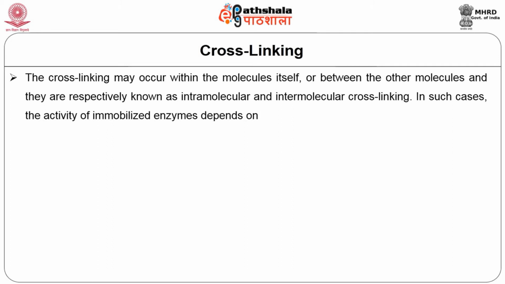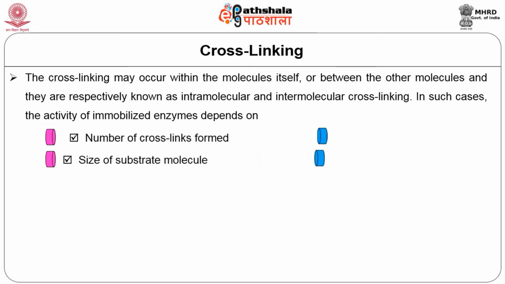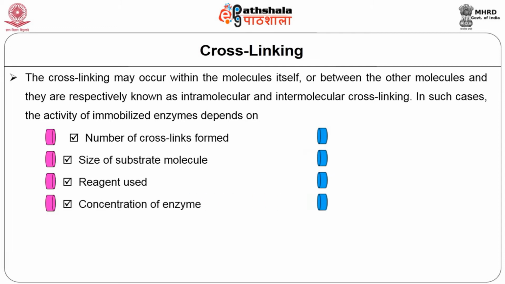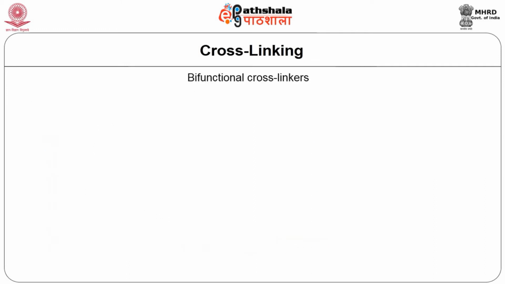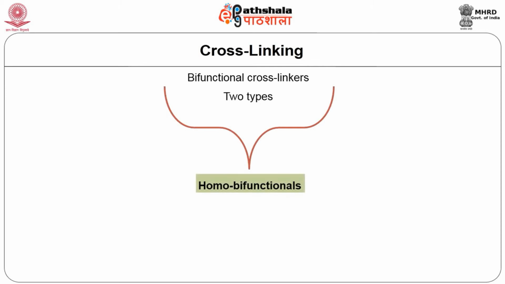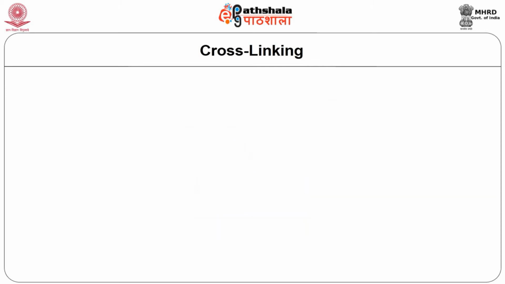In such cases, the activity of immobilized enzymes depends on the number of cross-links formed, size of the substrate molecule, reagent used, concentration of enzyme, ionic strength of the solution medium and hydrogen ion concentration.